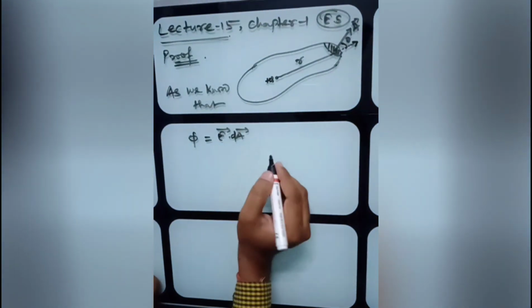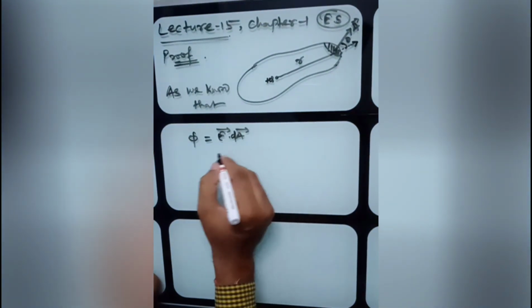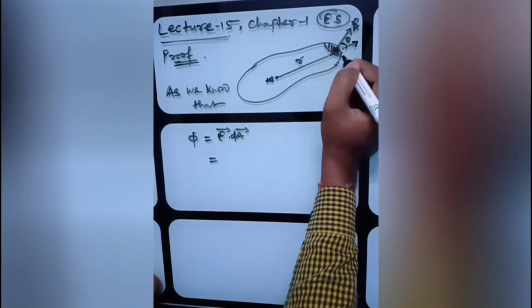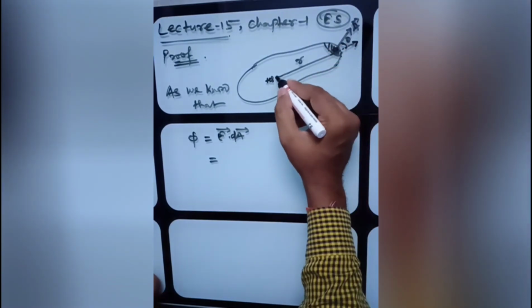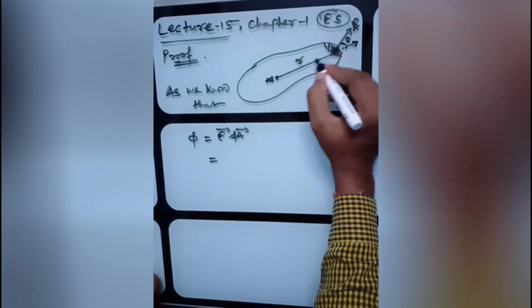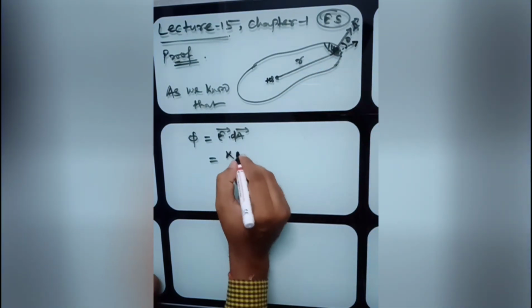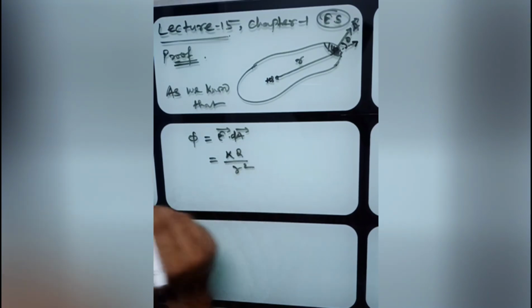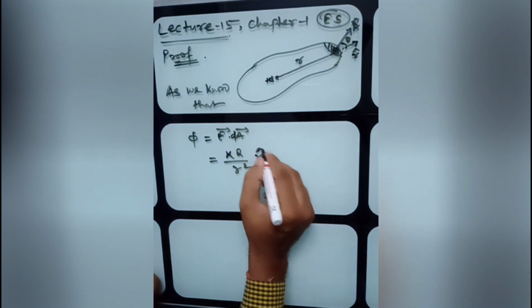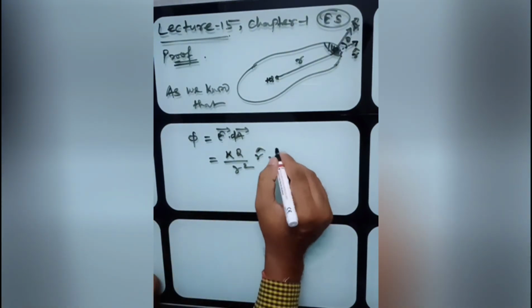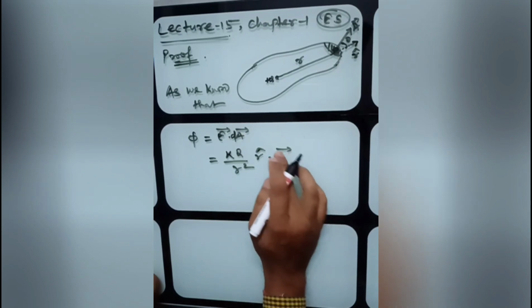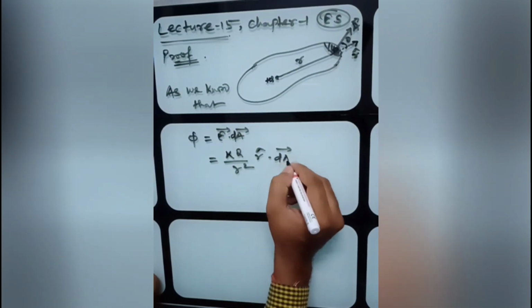Now, the electric field at this point where we have taken the surface area, due to this point charge at distance r, we can write the electric field as kq over r square. Am I right? And the direction is along r cap, dot the area vector dA.